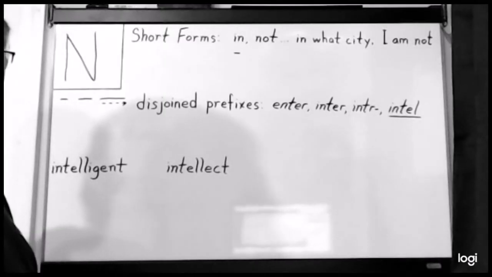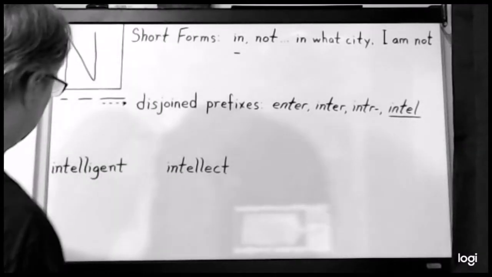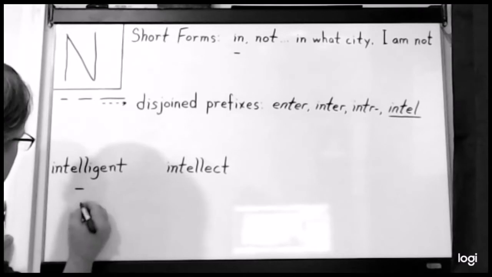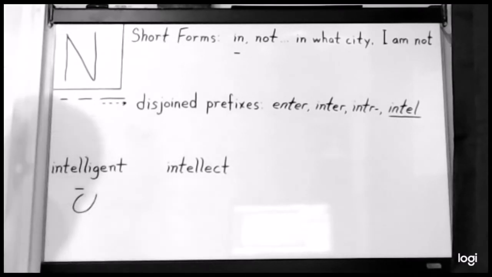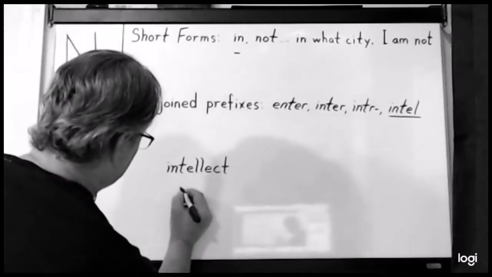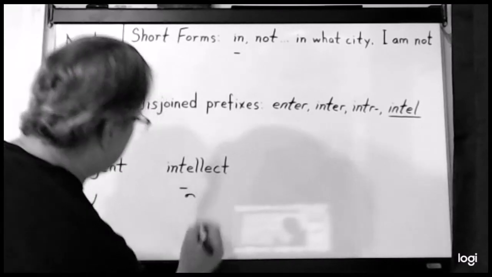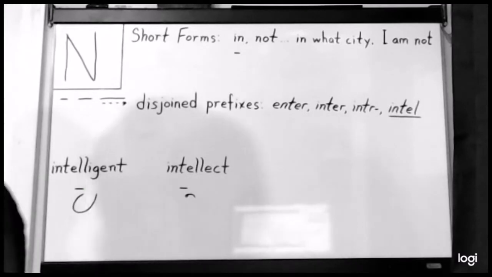For the disjoined prefix intel, we'll write the word intelligent, which is a disjoined N, and then the blend, gent. And for intellect, we'll write the disjoined N, and then the E and the K below it. The T here is understood.